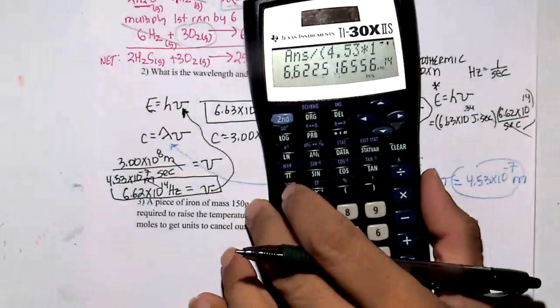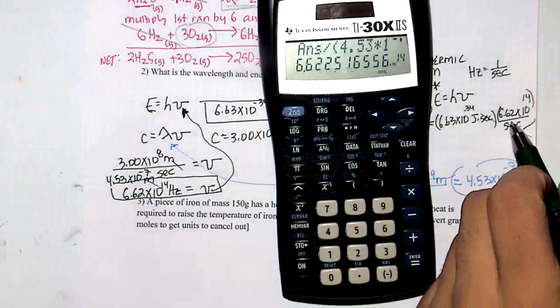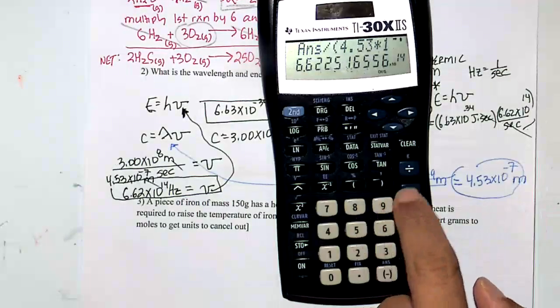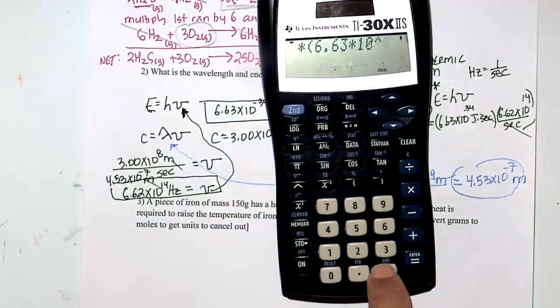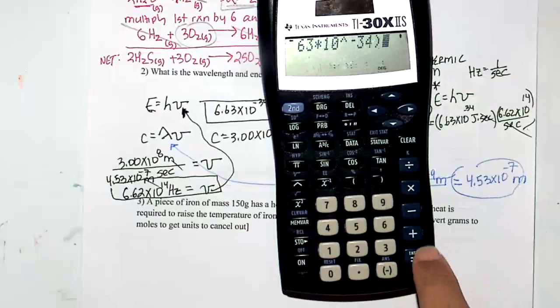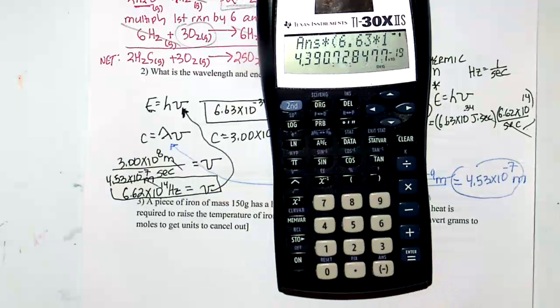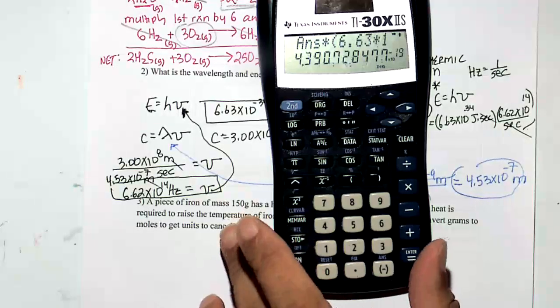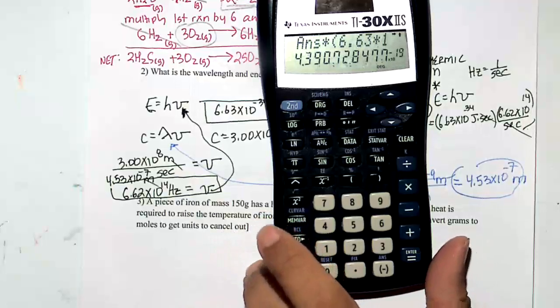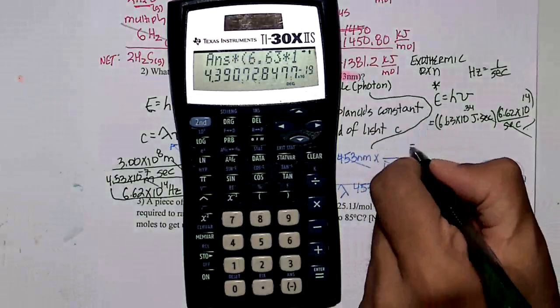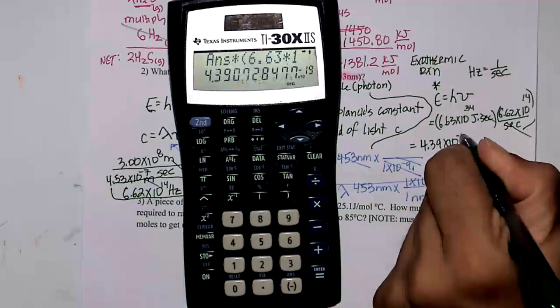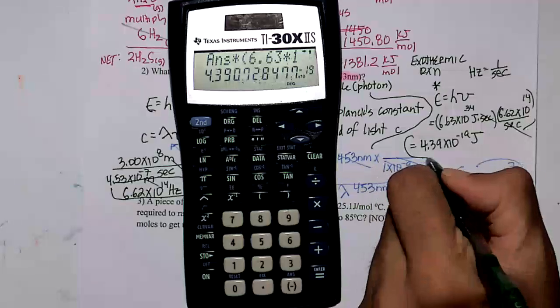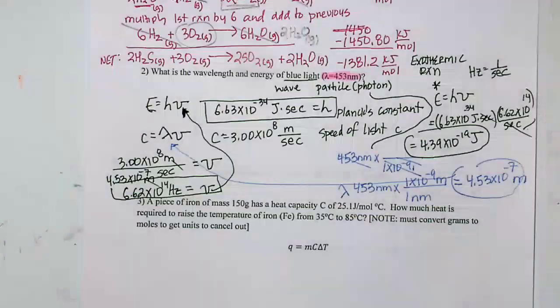And what do we get when we do that? 6.62 times 10 to the 14th times Planck's constant gives 4.39 times 10 to the minus 19 joules. So this is the answer.